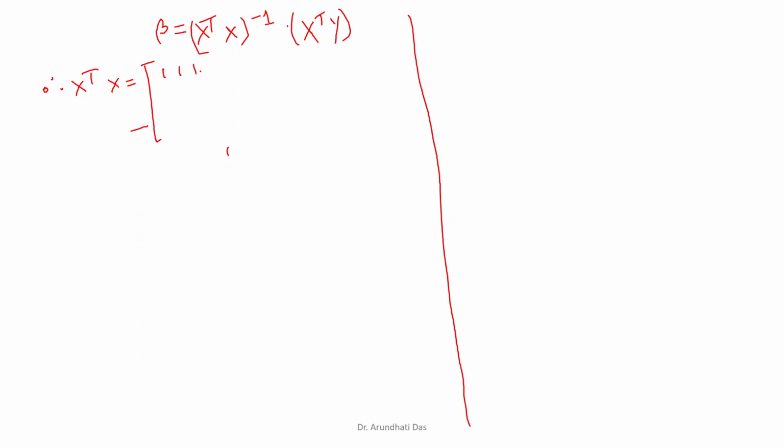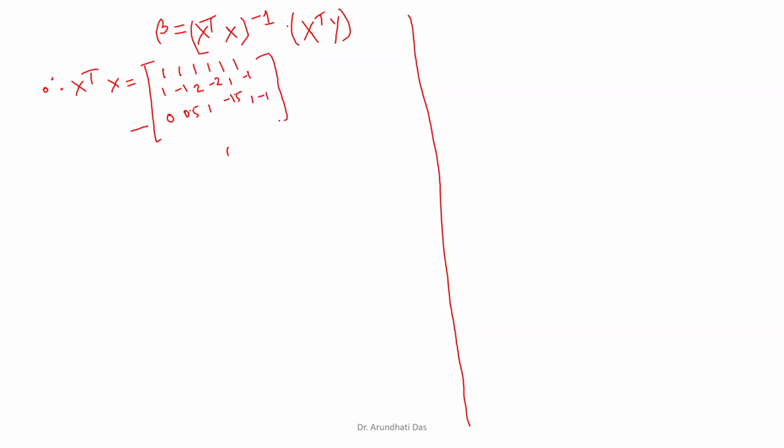So 1 2 3 4 5 6 ones will be there, and then the next values are 1 minus 1, 2 minus 2, then again 1 minus 1. Then the next row will be 0 0.5, 1 minus 1.5, then 1 and minus 1.